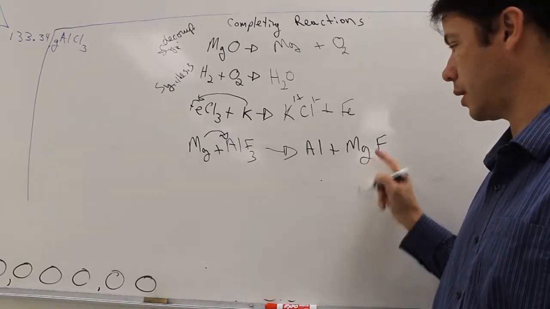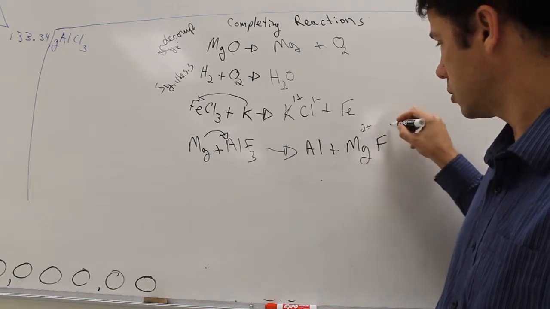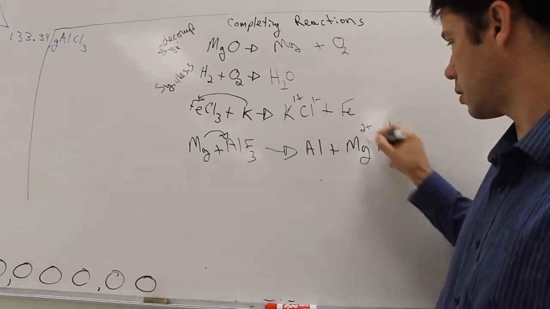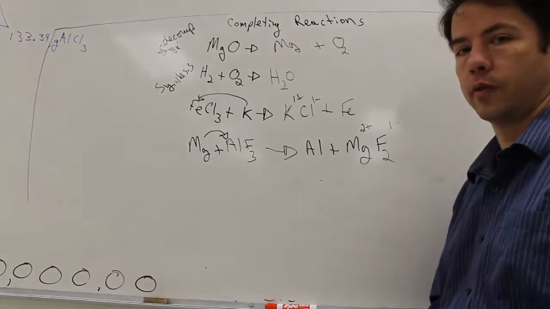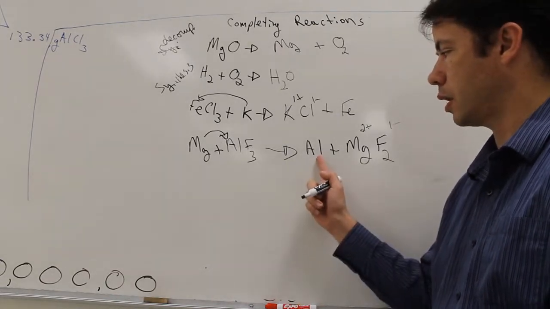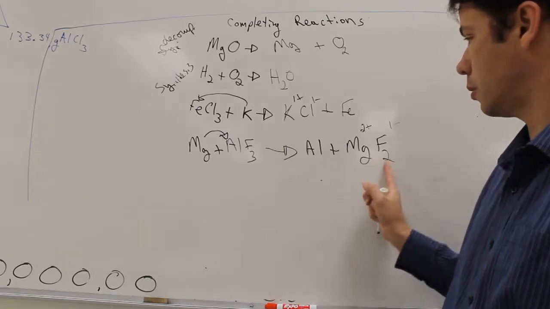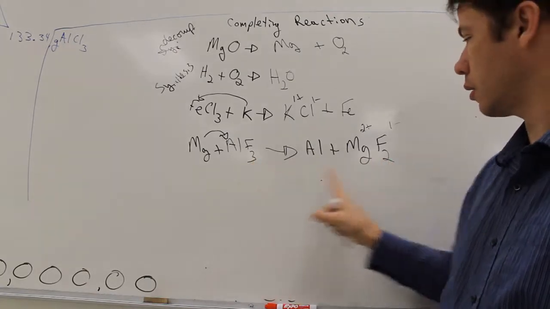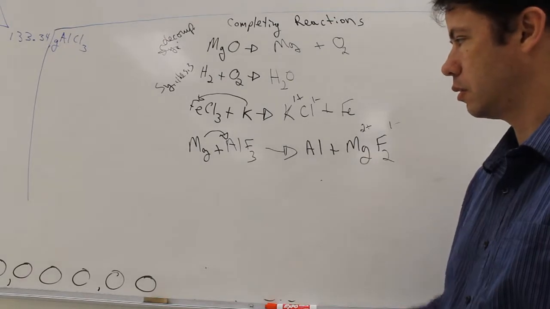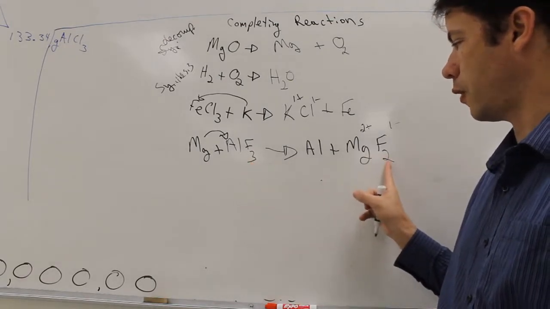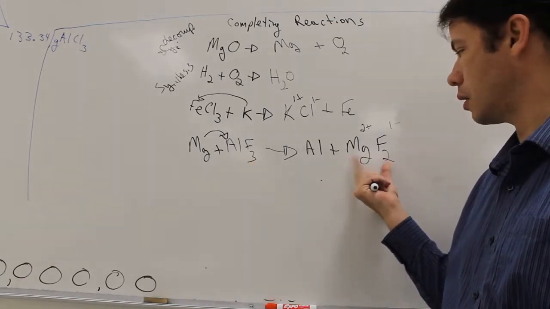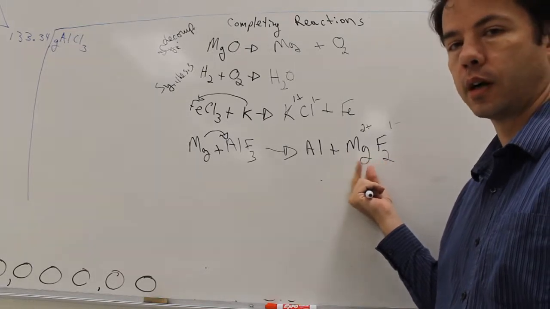Metal to non-metal, it's ionic, so we got to do oxidation numbers and crisscross, MgF2. Notice when I wrote the element, there's nothing there. Okay? So notice though, it's F3 over here, it's F2 over here. This doesn't affect this. It has to be done with our methods of writing formulas.